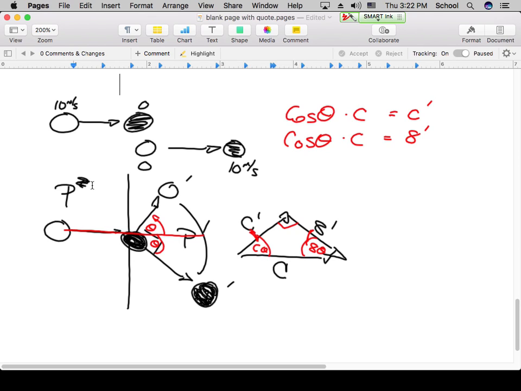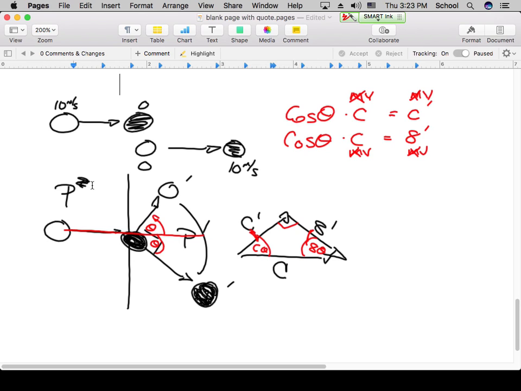But since the masses are the same, this is really mv and this is really mv, but since it's the same m, the m is going to cancel out. And since the cue ball and the 8 ball also have the same m, then the m is going to cancel out.